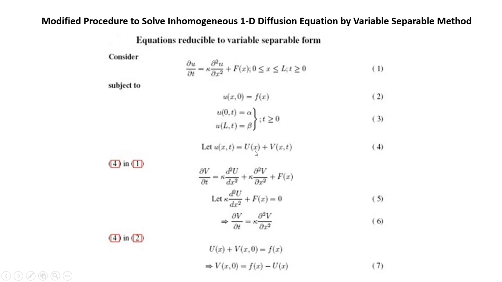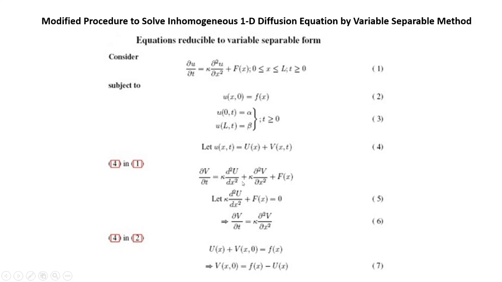For the second function, you get partial differentiation, because V is a function of both x and t, and V is being differentiated twice with respect to x when you have substituted small u is equal to capital U plus capital V. So f of x remains as it is.